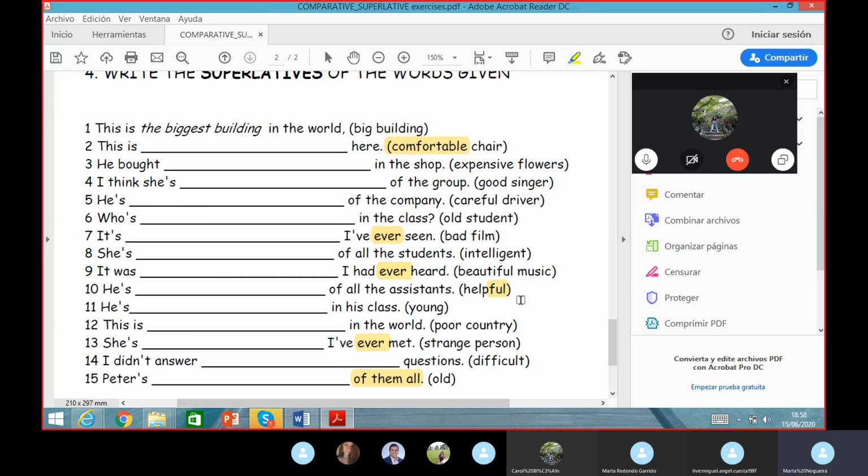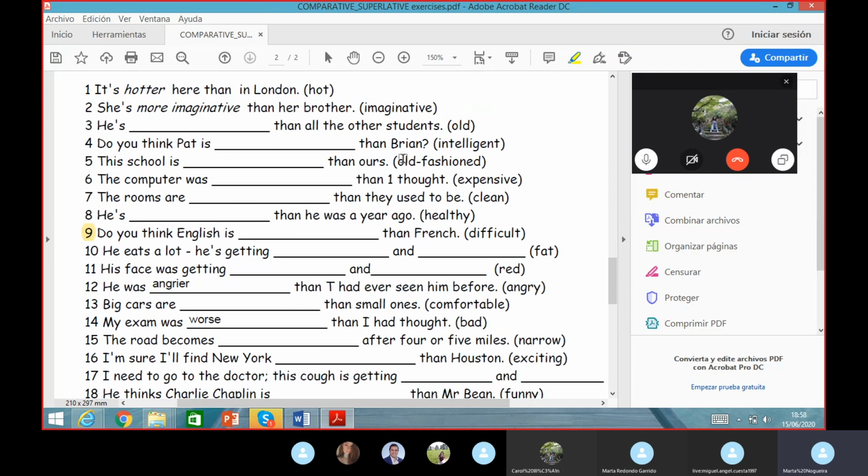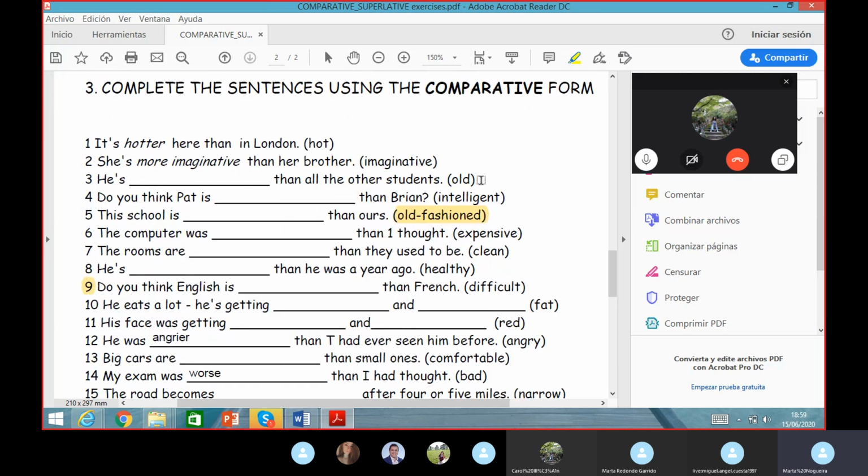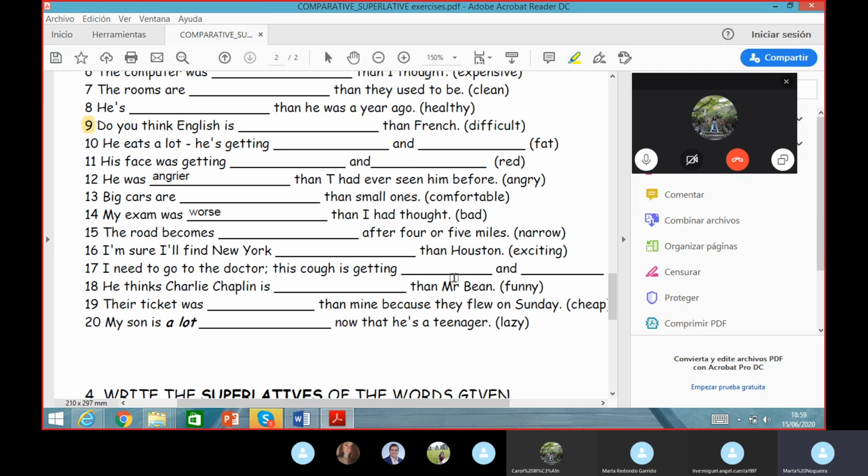Aquí sería the most helpful. Y recordad, si tengo una palabra con un guión, significa que es una palabra compuesta, cuenta como una palabra. ¿Es larga o corta? Es larga, porque no digo older ni nada de eso, y por lo tanto sigue la regla de las palabras de dos o más sílabas. ¿Ok?